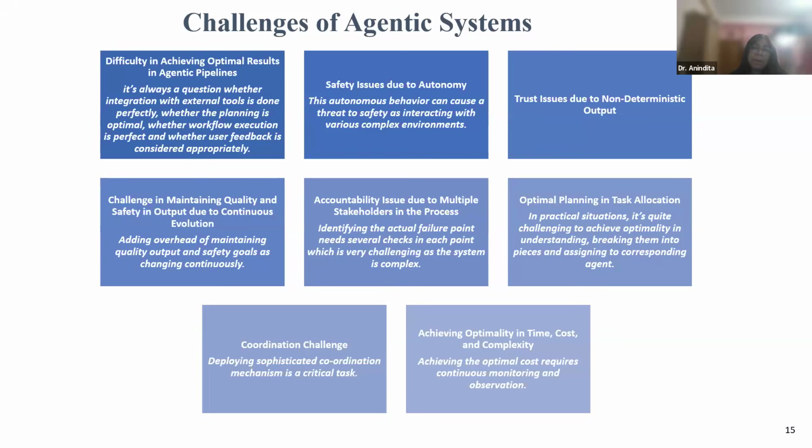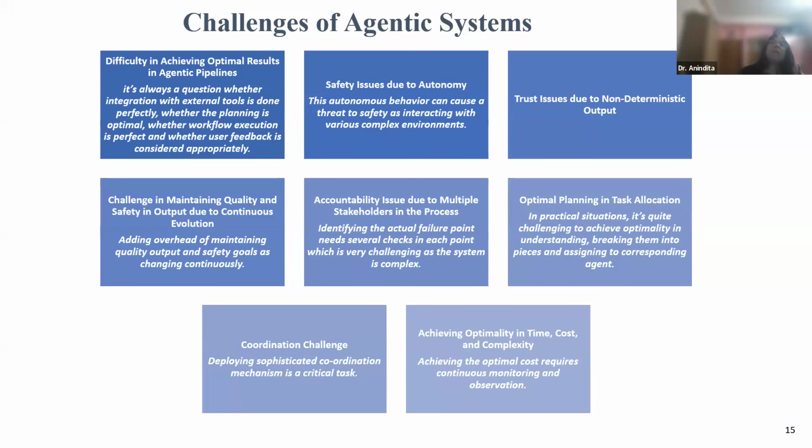Challenges in maintaining quality and safety in output due to continuous evaluation. So, there is the overhead of maintaining quality output, and safety goals are changing continuously, because data are changing, so it's an ever changing environment. So continuous evaluations are required. Accountability issues due to multiple stakeholders in the process, optimal planning in task allocation.